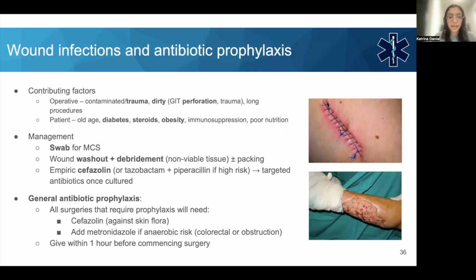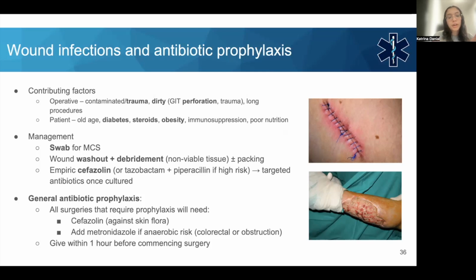And then there's patient factors, like the fact that patient is old and immunocompromised, if they're a diabetic, because that automatically makes wound healing harder. If they're obese, for example, the fat can essentially trap the wound, and then all the bacteria can get stuck there and cause an infection.